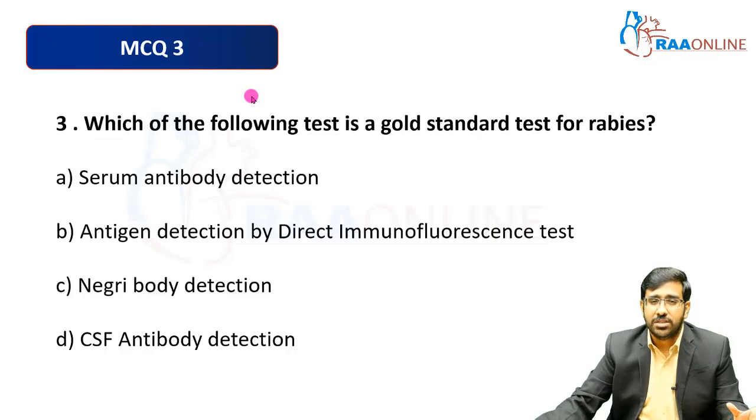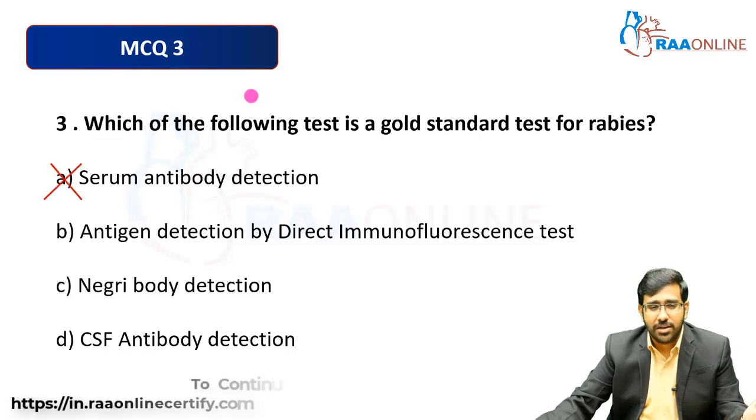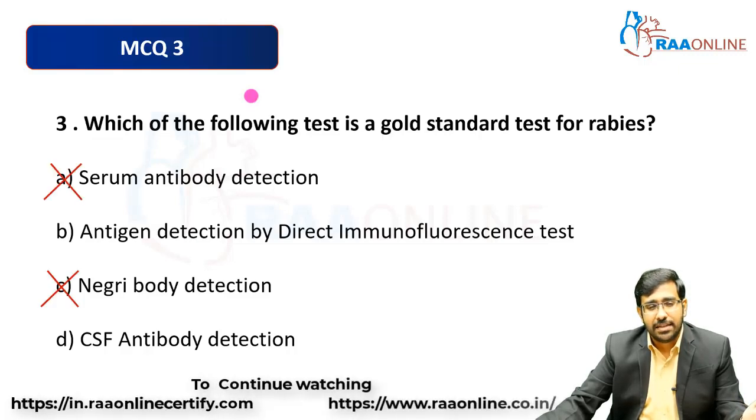We use a monoclonal antibody directed to detect the nucleoprotein antigen by direct immunofluorescence immunoassay. So the correct option is option B. Serum antibody detection is wrong, Negri body detection is wrong, CSF antibody detection is wrong. The final option, antigen detection by direct immunofluorescence test, is the right option.